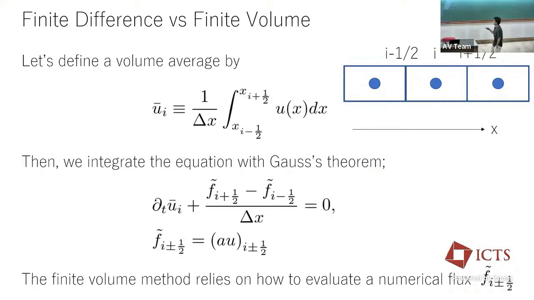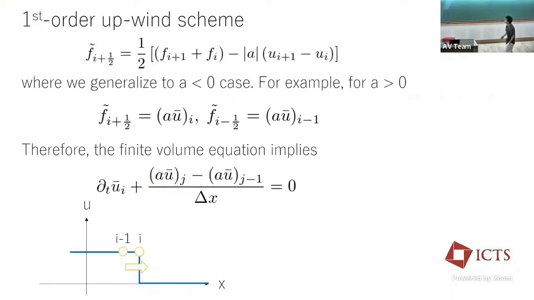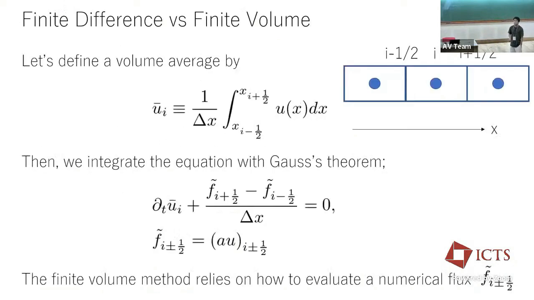Conventionally, F itself is called the physical flux and F tilde is called the numerical flux, which depends on the scheme you want to apply to solve the system. So let me repeat again. The essence is how to evaluate the numerical flux F tilde in your simulations.